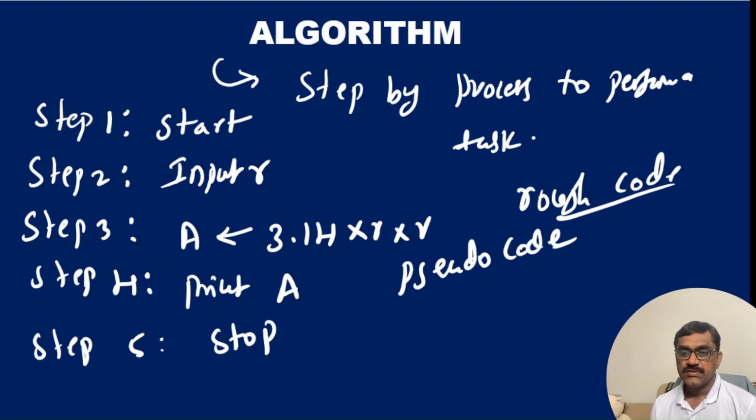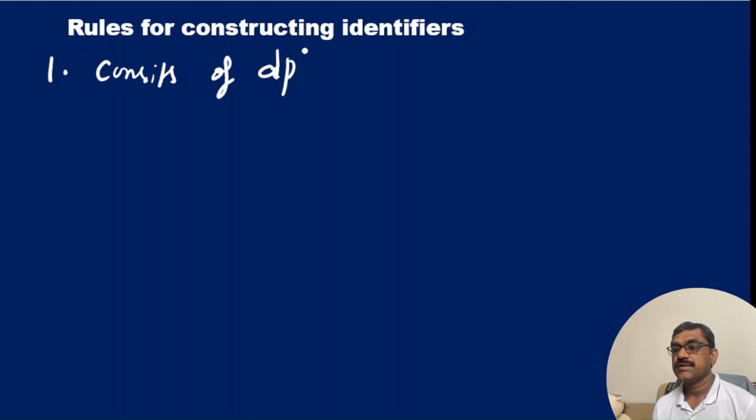After this, we are going to see the rules for constructing an identifier. In the last class, we discussed identifiers, and I said that every variable is an identifier, but every identifier is not a variable. So next, what are the rules for forming or using an identifier? Let us discuss. The first rule is that identifiers should consist of alphanumeric characters.